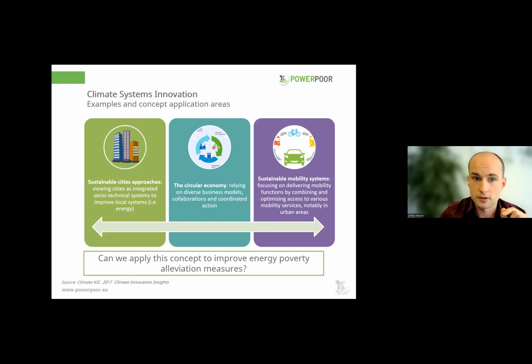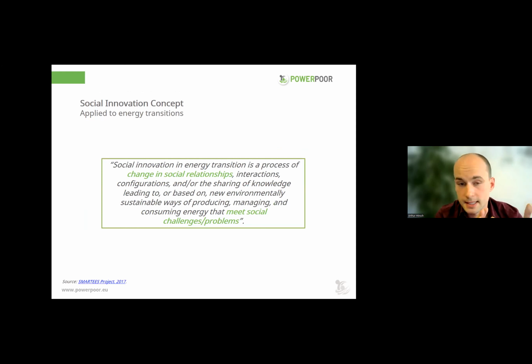And at the same time, of course, and we'll skip this because we don't have the time, it's very much connected to social policy, as I mentioned already. So there's this idea of social innovation. It's a process of changing societal relationships and interactions between people in order to meet social challenges and problems. And of course, you can apply different social elements and social approaches to mitigate energy poverty.